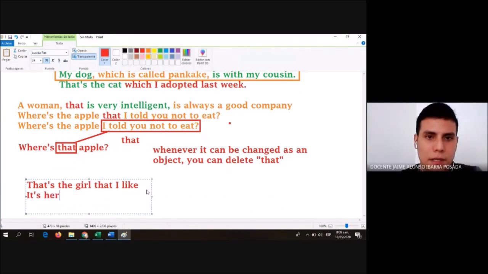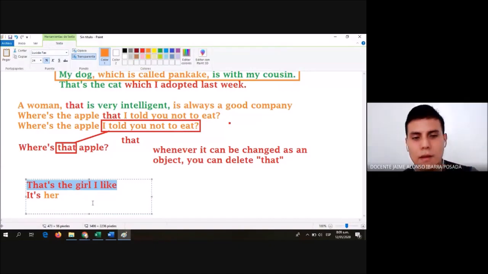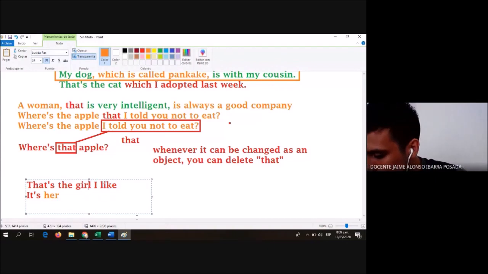Okay, this is the object. So in that case, you can omit this, that, and it would be pretty much like this. That's the girl I like. Okay, guys?